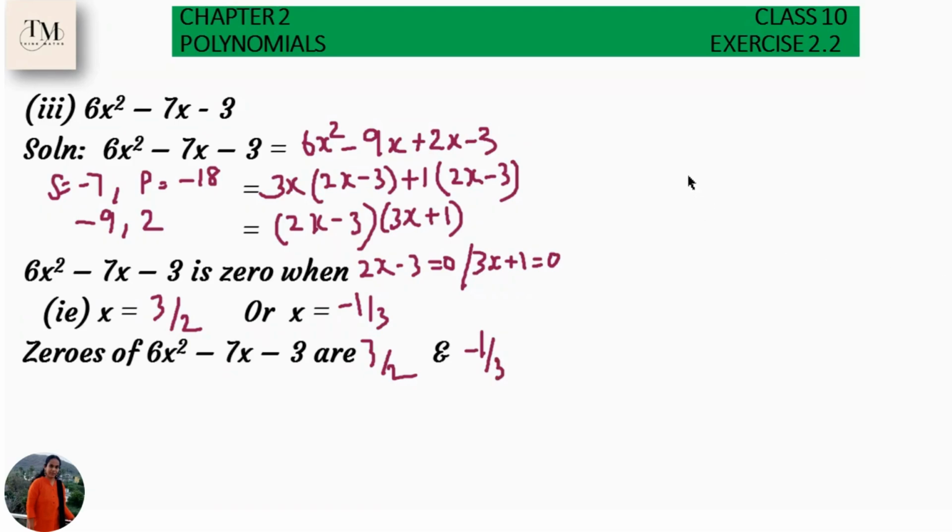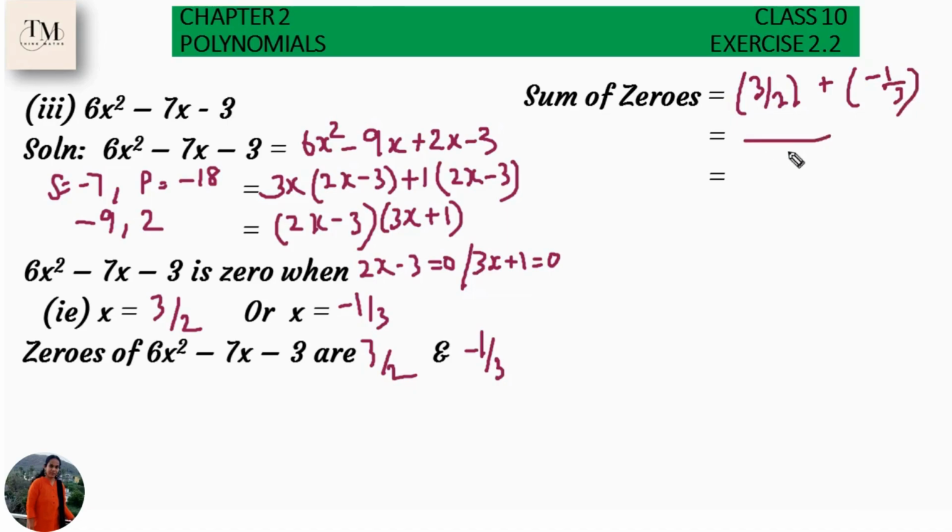The next step is to verify the relationship between the sum of the zeros and the product of the zeros. Okay. So what is the sum of the zeros? Yeah. 3 by 2 plus minus 1 by 3. So I take the LCM as 6. So when I cross multiply, 3 threes are 9.